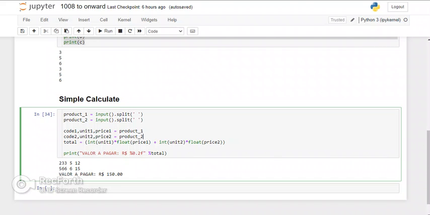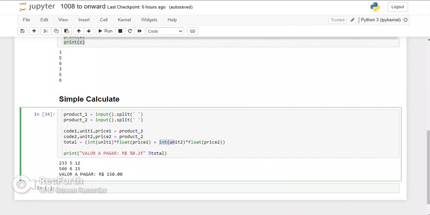And lastly, they told us to calculate how much I have to pay. So in that case, I have written total equal to, and here you can see I have used int(unit1). Why have I written int(unit1)? Because I have taken input, but I have not specified whether it is a string value or an integer value, so I have mentioned it as an integer. Then, as per our requirement, the price should be a floating value.